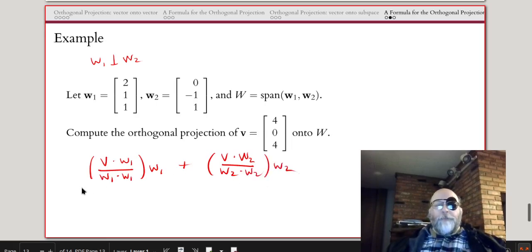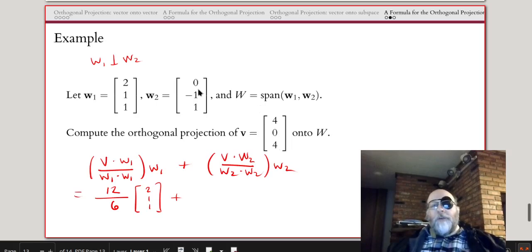And add them together. All right, so the dot product of v with the first vector, 4 times 2 is 8, plus 0 plus 4, 8 plus 4 is 12. Then we dot product w1 with itself. 2 times 2 is 4, 4 plus 1 is 5, plus 1 is 6. And then w1 is (2, 1, 1). And then over here, we're going to take v dot w2.